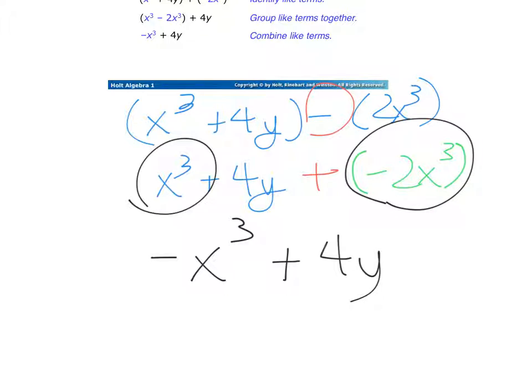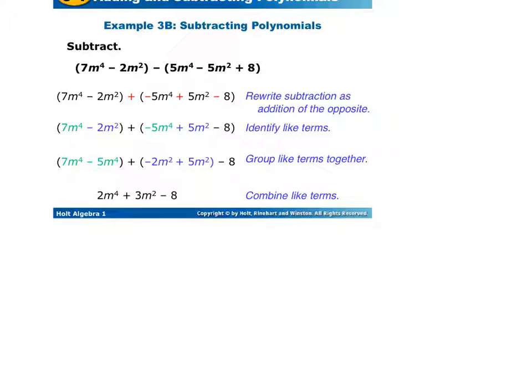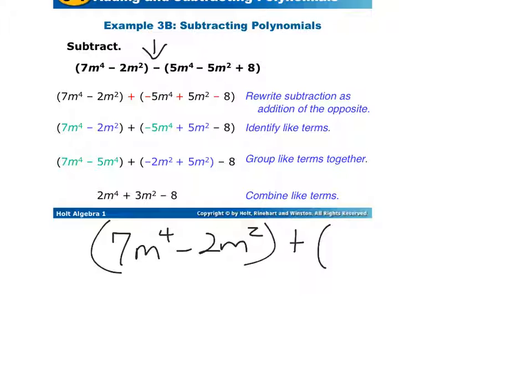Let me do another one where there's more terms in the polynomial. So again, I'm going to keep, flip, change here. So I'm going to keep the first one the same. I'm going to change this subtraction sign to an addition. And then in the second parenthesis, everything goes to opposite signs.